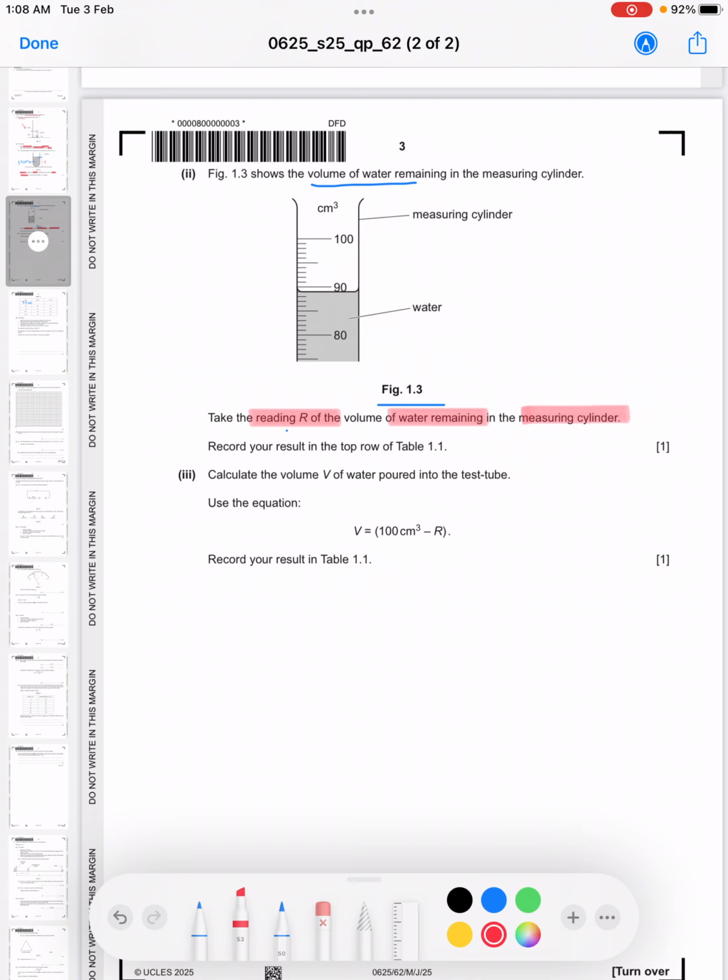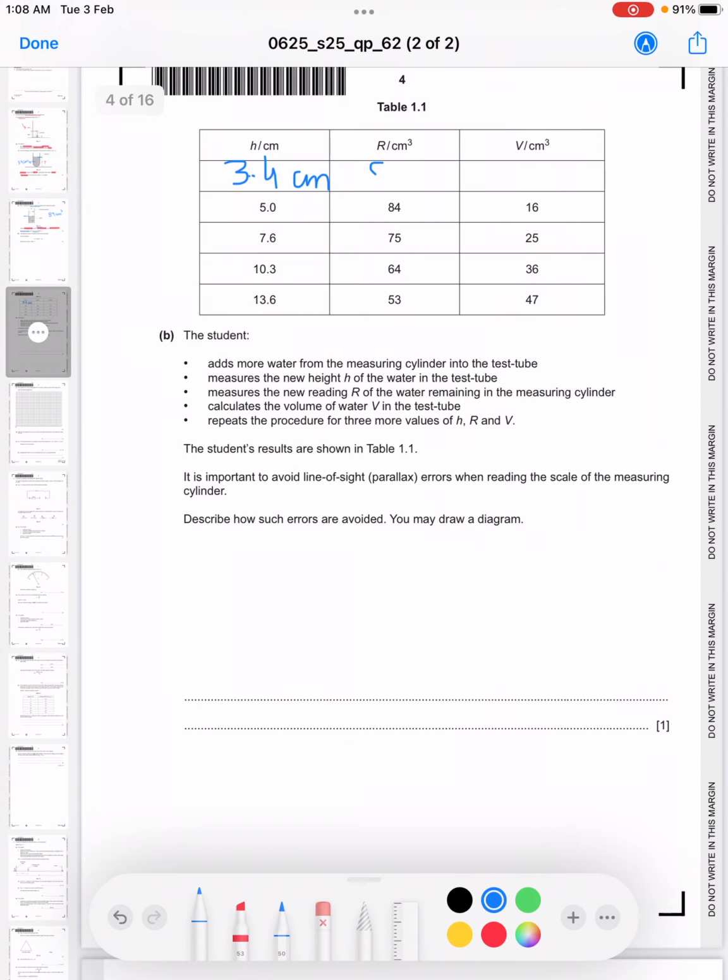Again we measure the level of the water, and you can see that it is one step less than 90, so it is 89 cm³. We need to record this answer in table 1.1, so I think we should write it here, 89.